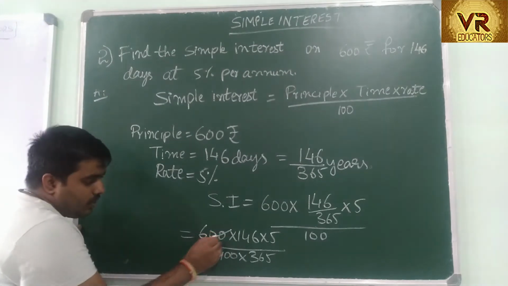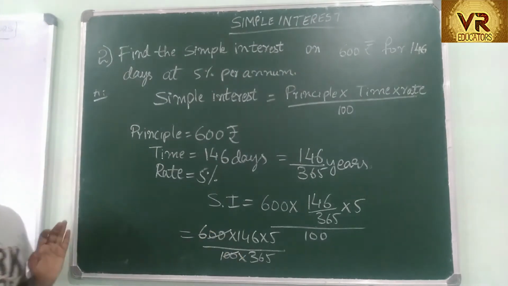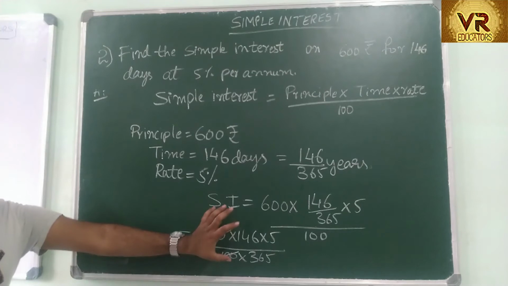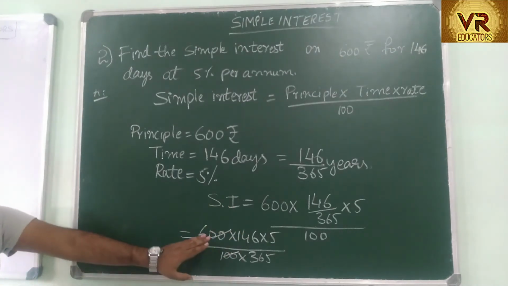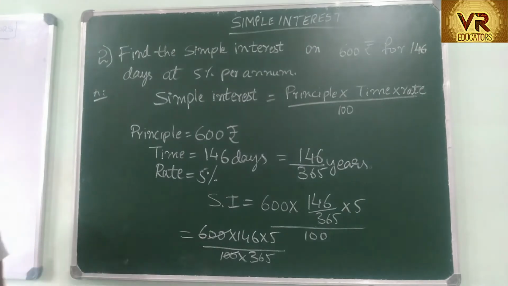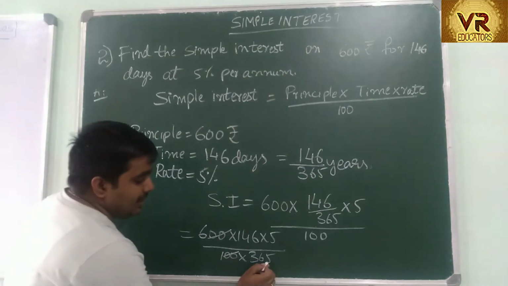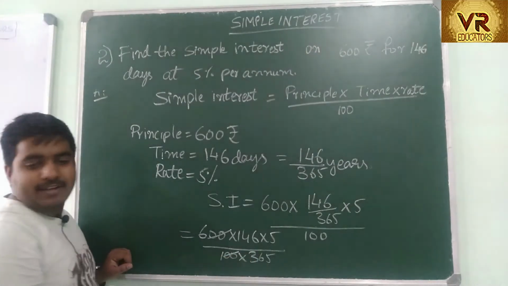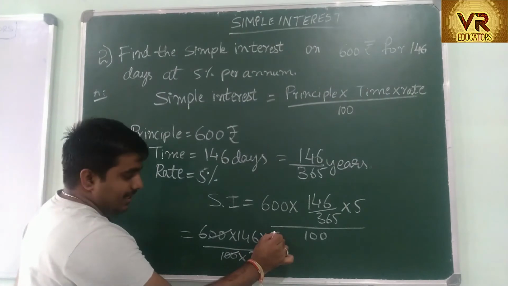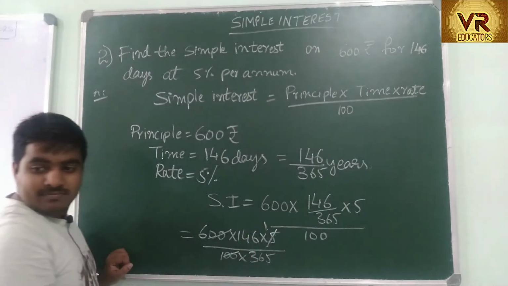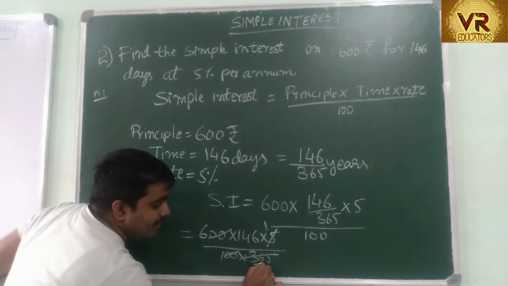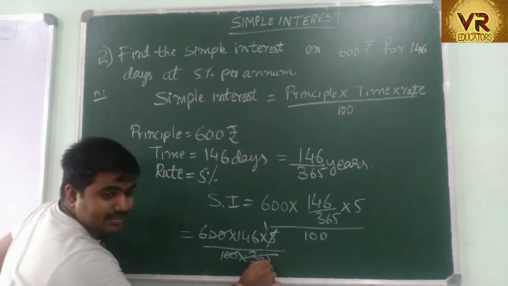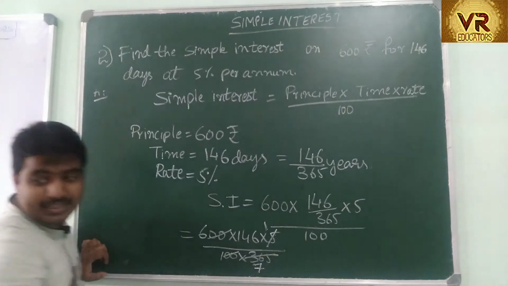Now 2 zeros in the numerator and 2 zeros in the denominator both get cancelled. Now we can see that 365 can be divided by 5. 5 ones are 5. 5 sevens are 35, remainder is 1, 36 minus 35 is 1.